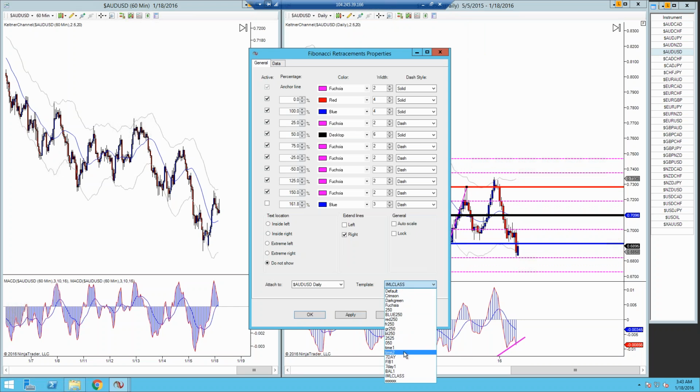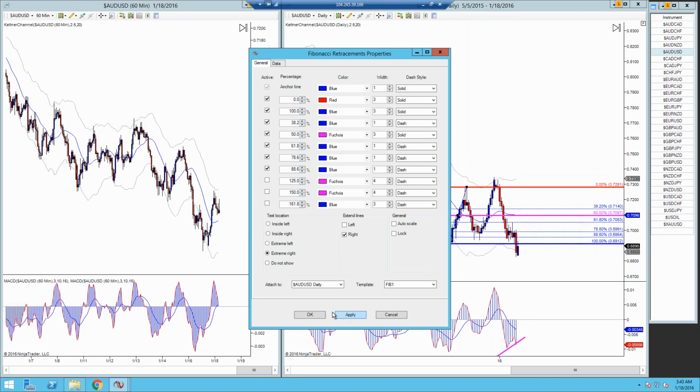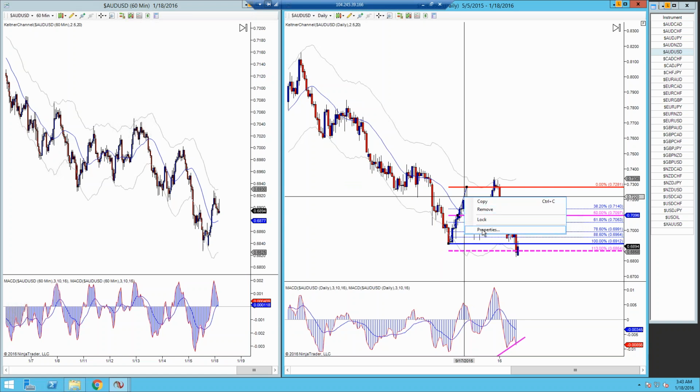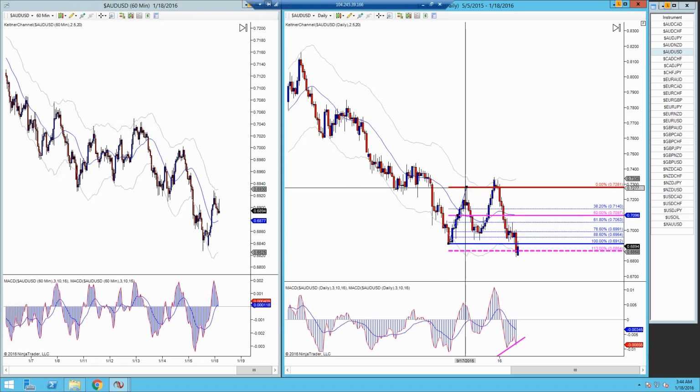Now, it looks like it passed the pattern completion for what's called a shark, but you know what? Don't worry about that. Let me show you some other things.